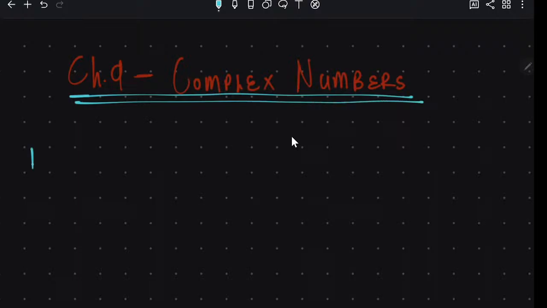So the first thing I want to quickly teach you is what a complex number is, because that's the first question that everybody has. And then we're going to go into the things that you must know to answer the past paper questions that we'll do together.